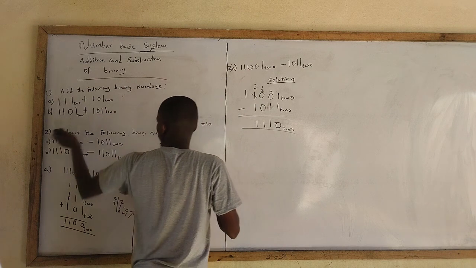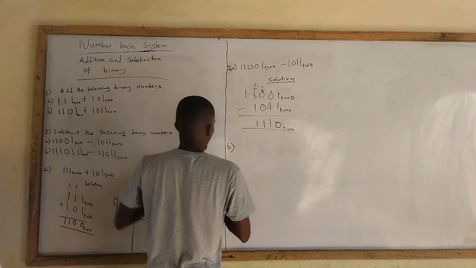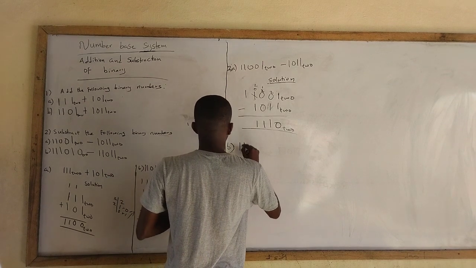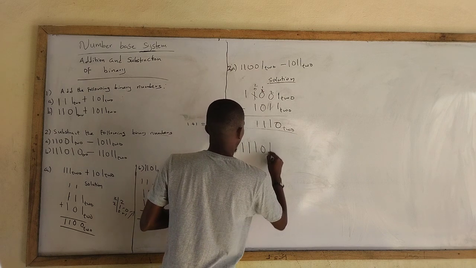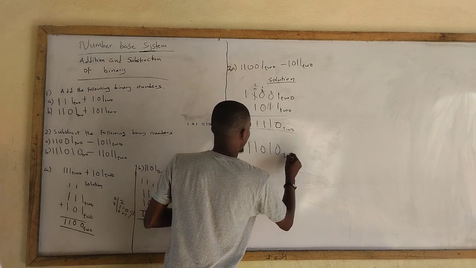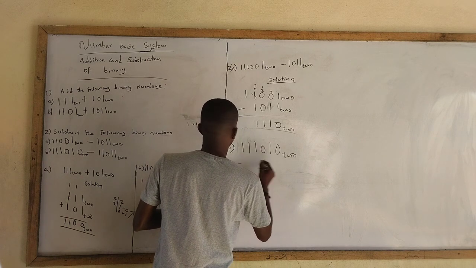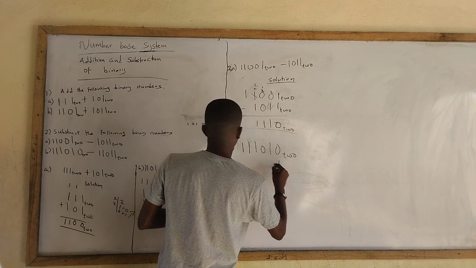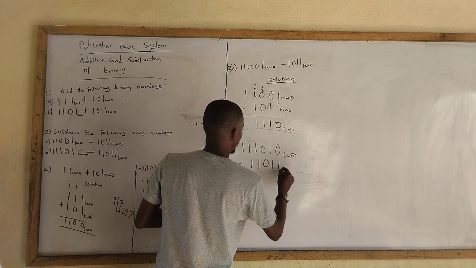Alright, so we take the next question B. Question 1 1 1 0 1 0 base 2 minus 1 1 0 1 1 base 2.